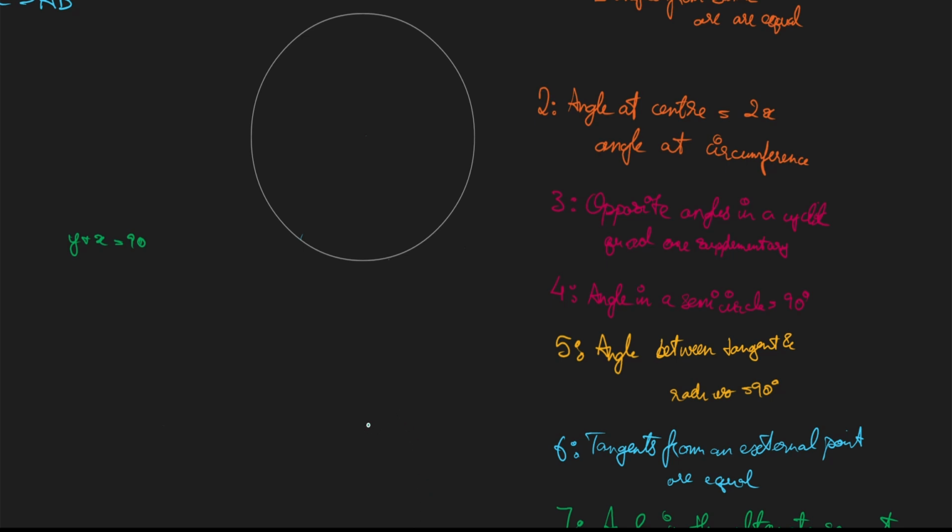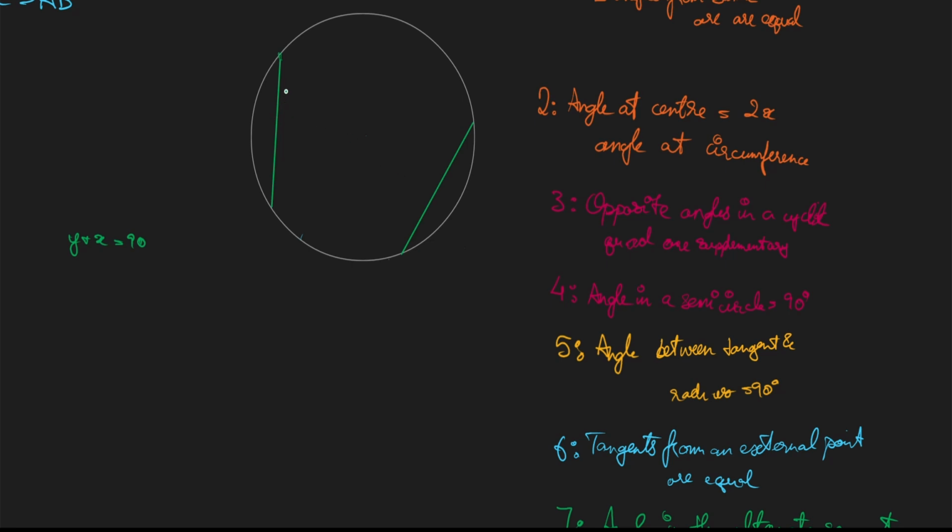So the first of the last two rules basically says that if there are two chords, remember a chord is any line which doesn't have to pass through the center of the circle. A diameter is also a chord. It's a line that passes through the circle from one point on the circumference to the other.